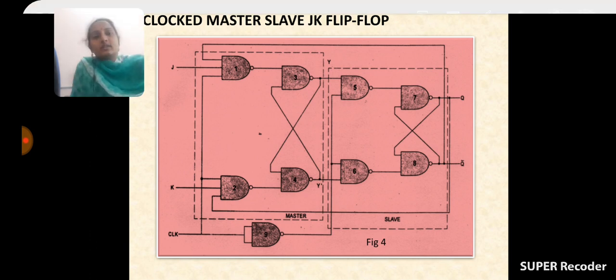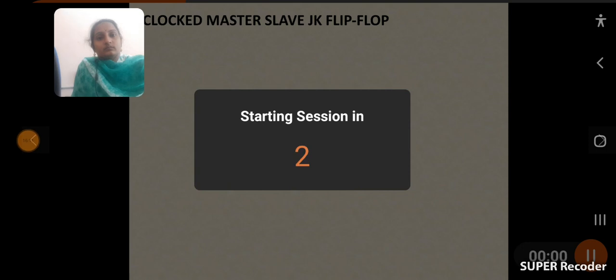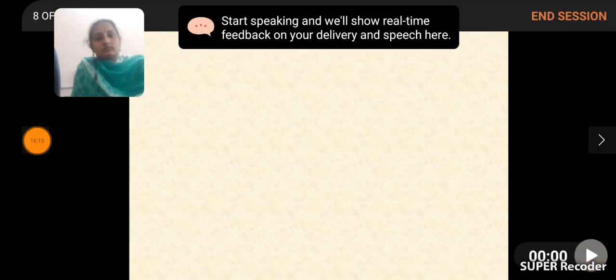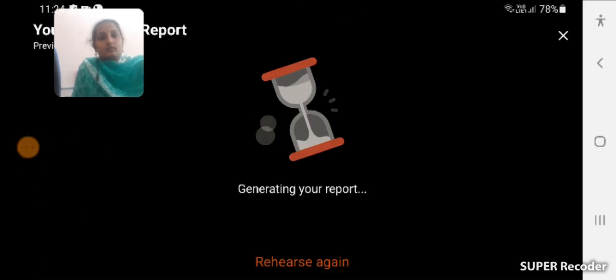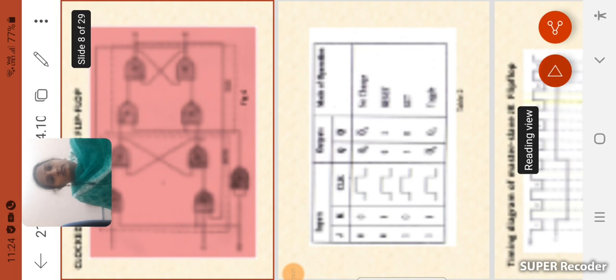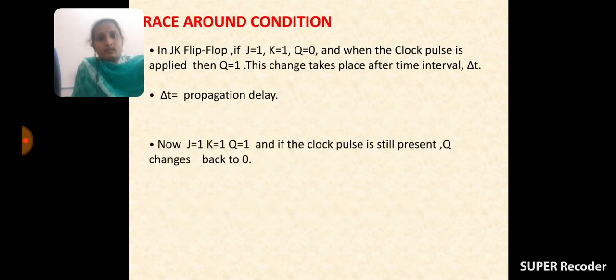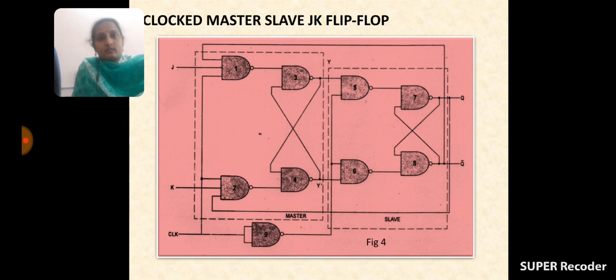So here this flip-flop is called the master flip-flop. So this is the master slave JK flip-flop.